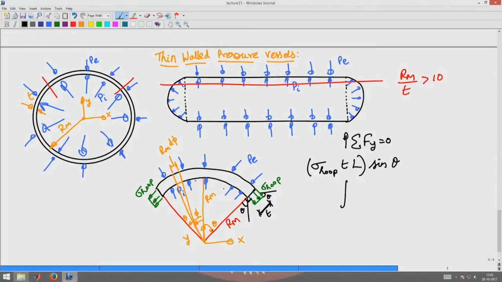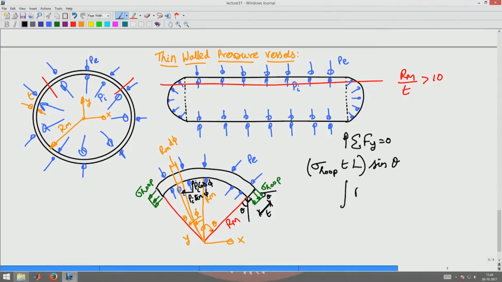That will be Pi cos phi, and the horizontal component is going to be Pi sin phi, because it makes an angle phi with the vertical direction, it being normal to the surface.